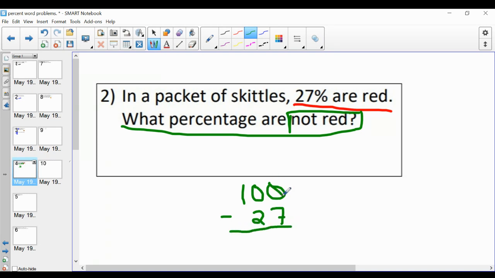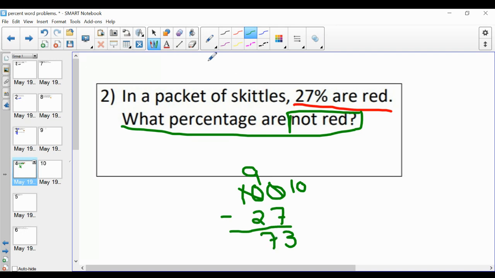So then you do 10 minus, this becomes 10 because we have to borrow. We can't take away from 0. 10 minus 7 is 3. And then this becomes 9. 9 minus 2 is 7.